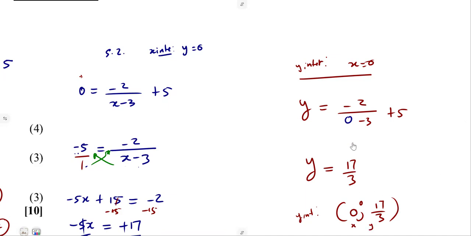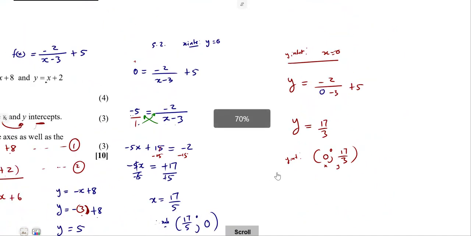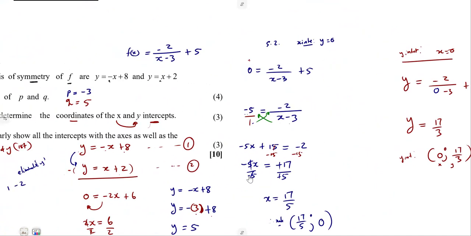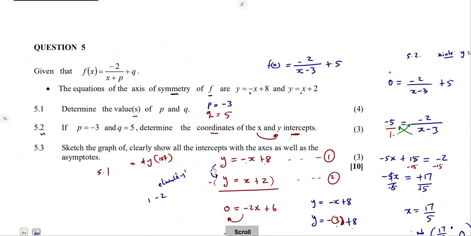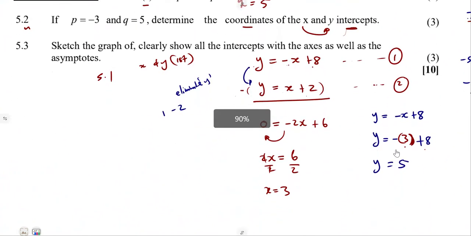So that is it. With the given f(x), you can determine your x and y intercepts, then sketch the graph of f. You must clearly show all the intercepts with the axes as well as the asymptotes.